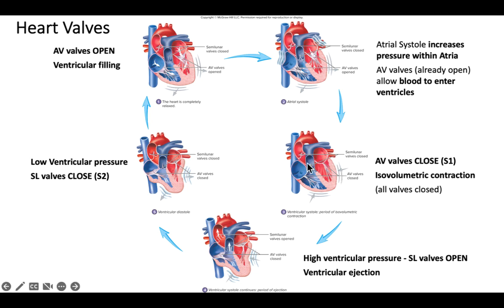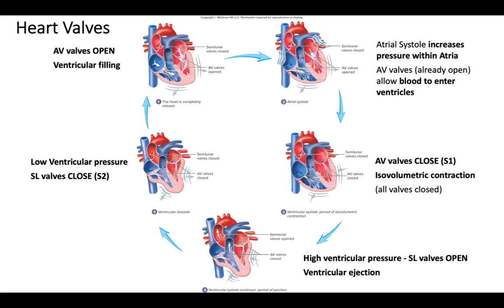So notice going from this situation where the ventricles are just starting to contract to this picture where they're really contracting, that pressure now is really high in those ventricles. Remember, the left ventricle might get up to 120 millimeters mercury. The right ventricle might get up to like 25 millimeters mercury.